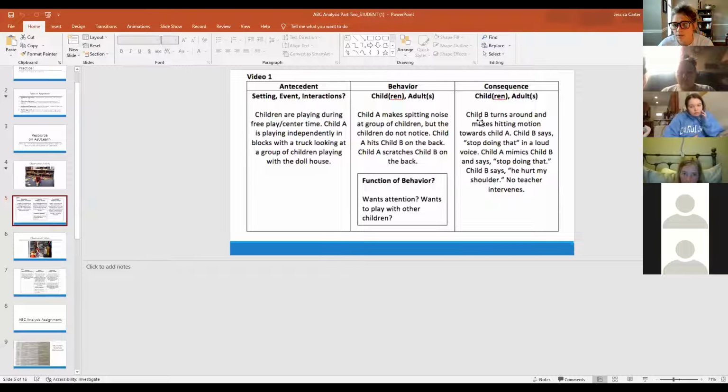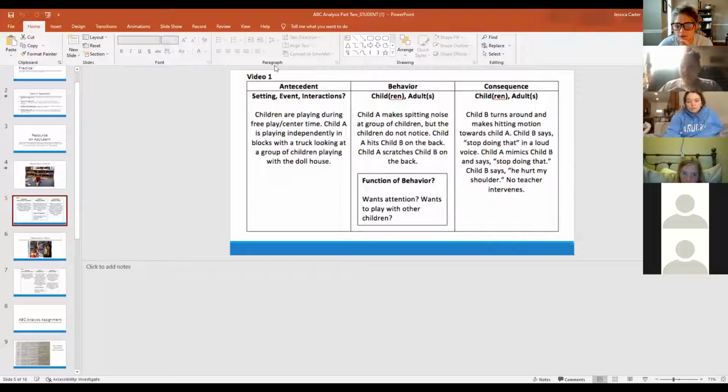And then the consequence was the child that got hit on the back turned around and said, "Stop doing that." And then the other child mimicked that and said, "Stop doing that." And child B said to the teacher, "He hurt my shoulder," or to an adult, we assume, but no one intervened, right? So that's what you would assess as consequence.